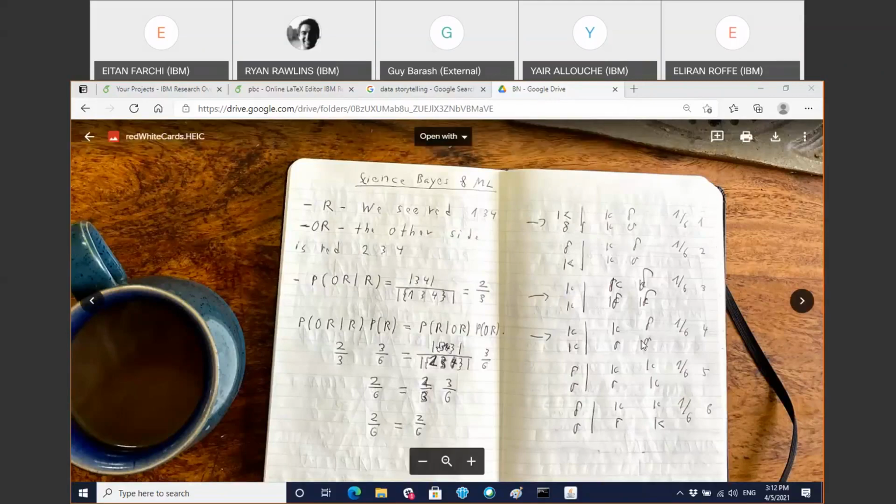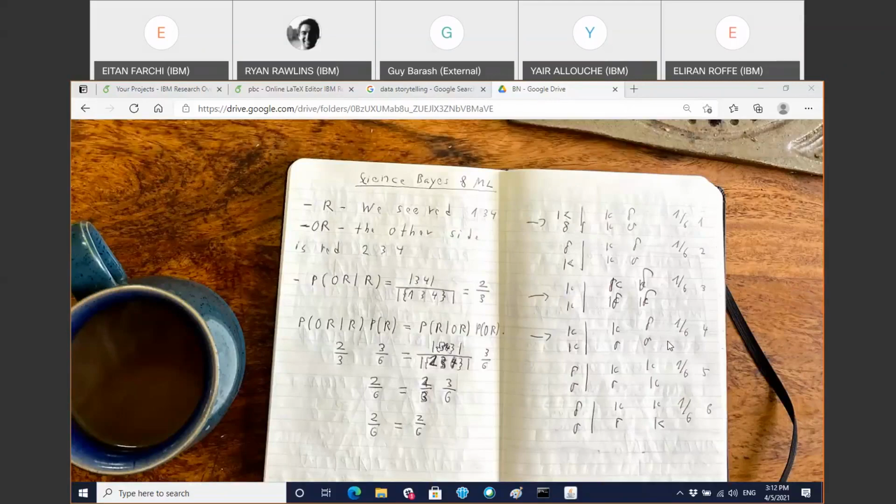There's two cases in which we choose a red at the top and a red at the bottom, because we choose the right card, which is 1/3, and then we flip it, which is 1/2, but it doesn't matter. So there's two cases. For us, what we see is the same, but it's actually two cases.